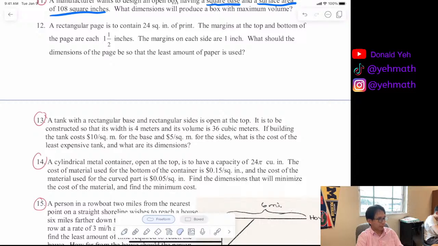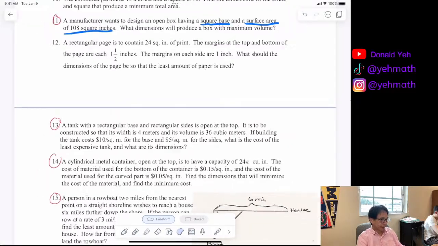If you have a fish tank, the bottom has to be very thick. The sides don't have to be as thick. The bottom base is the most important part because it has to handle all the weight. On the sides, you just have to handle the pressure.